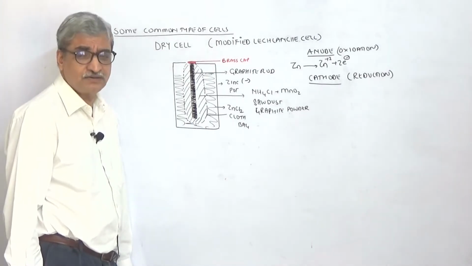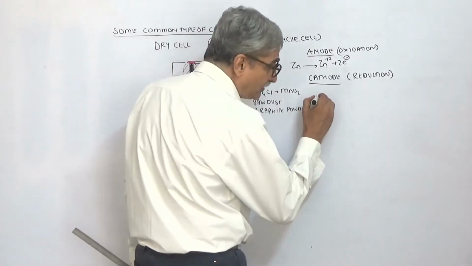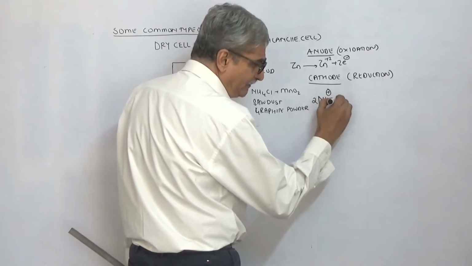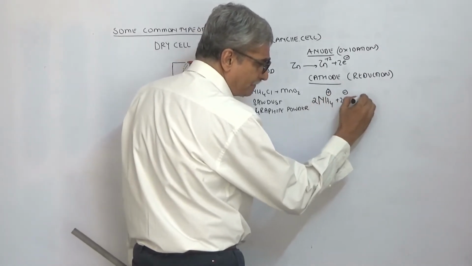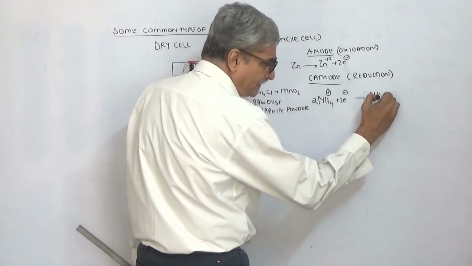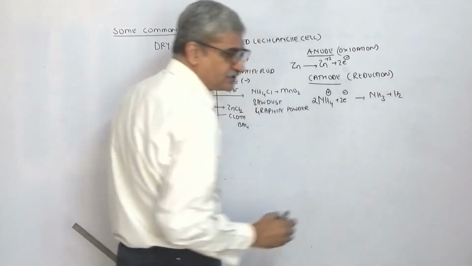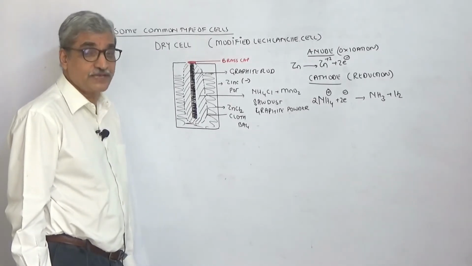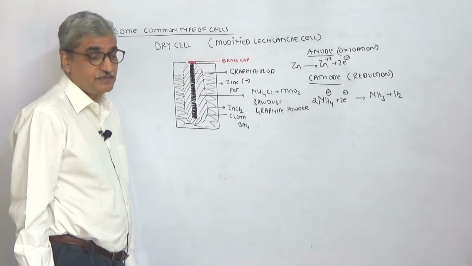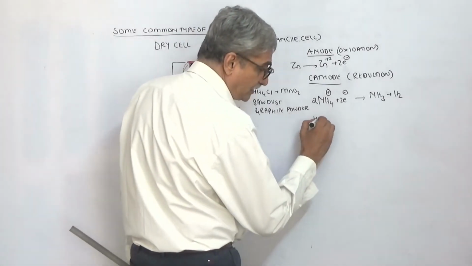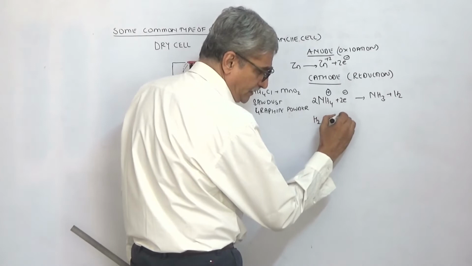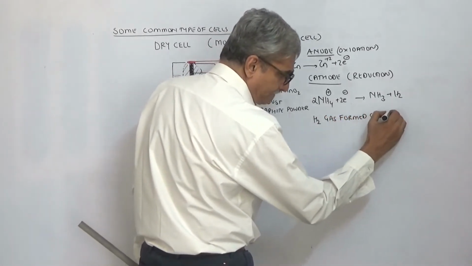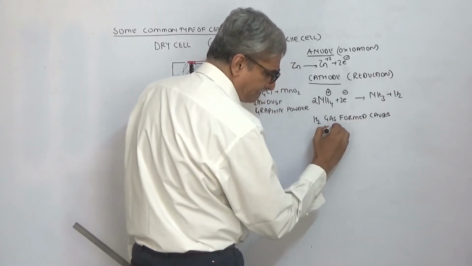Which is the species which is going to undergo reduction? It is ammonium chloride, so the ammonium ion. The ammonium ion undergoes reduction to form ammonia NH3 plus H2 gas. The H2 gas formed causes polarization.